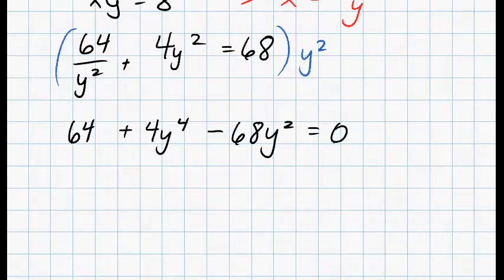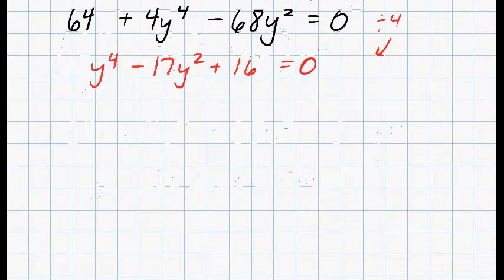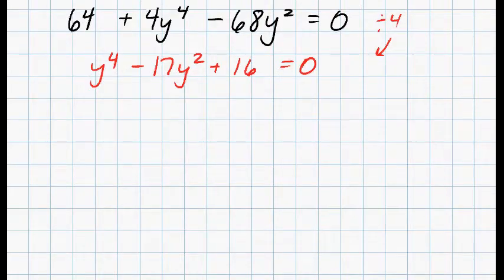All of those can be divided by 4. Yep, they can be. So let's divide them by 4 and put them in order. So we have y to the fourth minus 17y squared plus 16 equals 0. This is in quadratic form, so it can be factored. You just have y squareds in the front instead of y's.